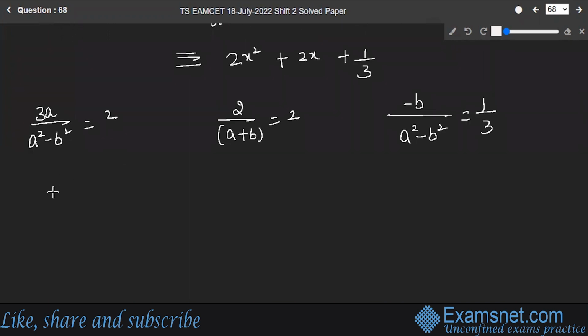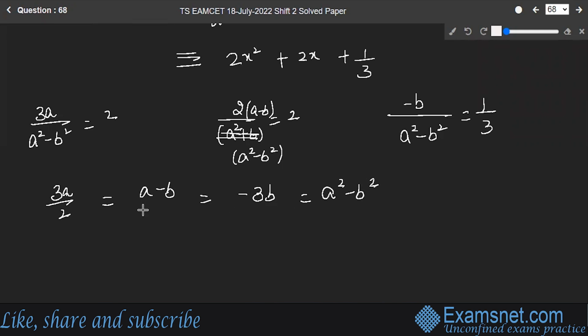So this means 3a by 2 is actually equal to, see, I shouldn't have removed that a square minus b square, because that will be used in equating them. Correct? Now this is equal to a minus b, which is equal to minus 3b. And these all are equal to a square minus b square. I hope you got this step, right?